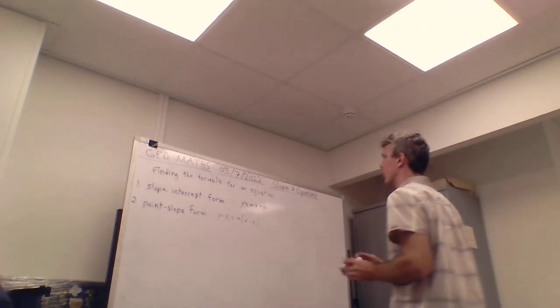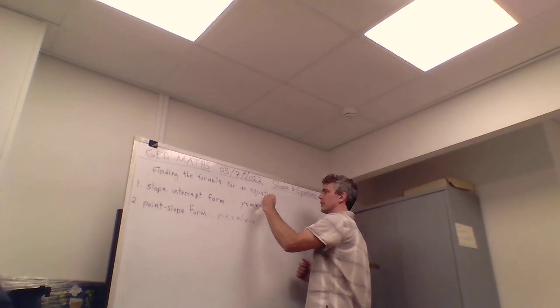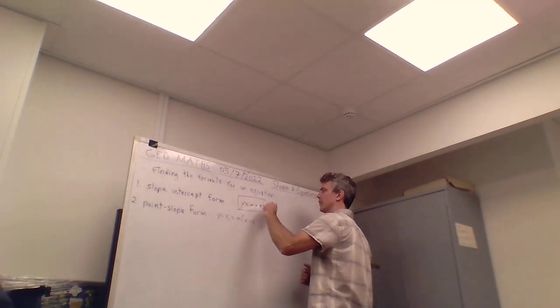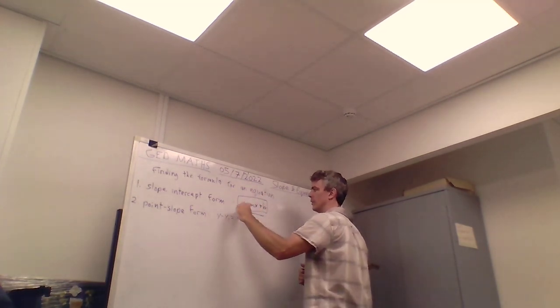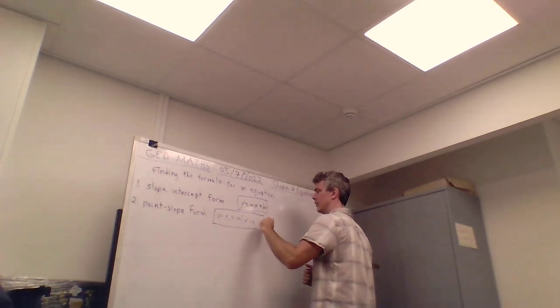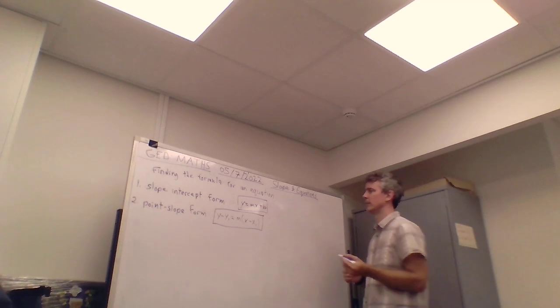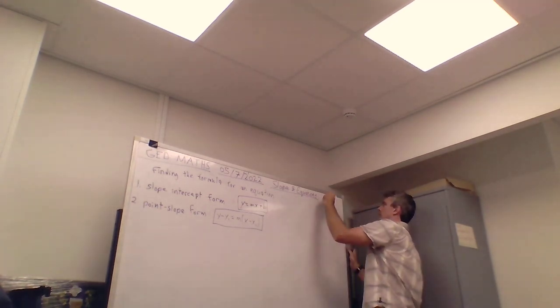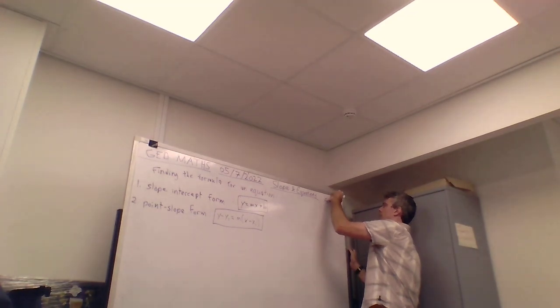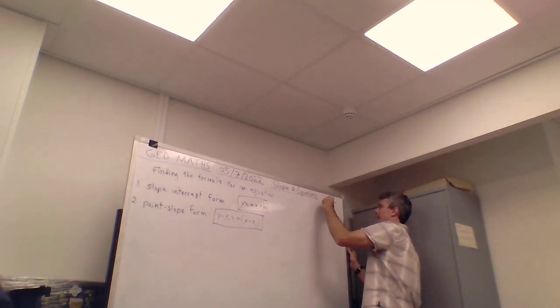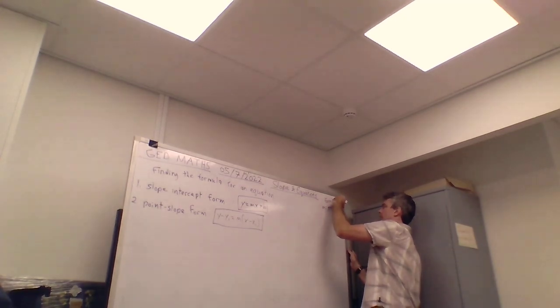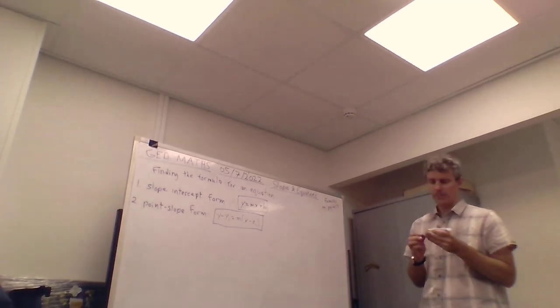So these are two formulas. I'll put a box around them. Right? And they're on the back of the math section of your book, on page 413. So the formulas are on page 413.